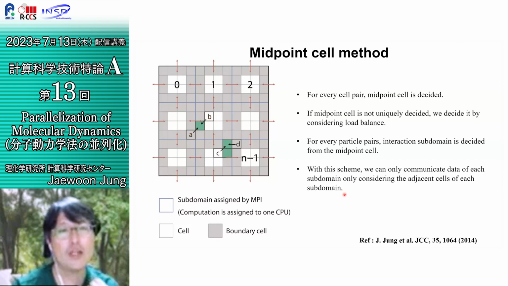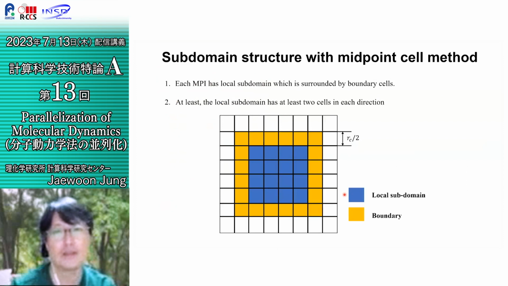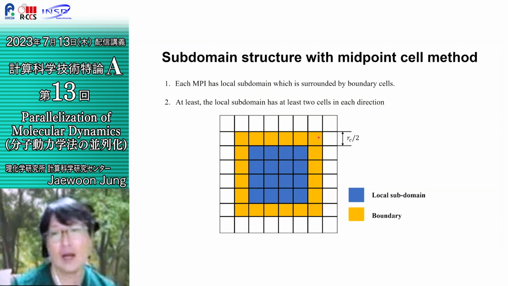So in this way, for every particle pair, we can efficiently evaluate the pairwise interactions. In this case, each particle has its own data, and from the neighboring domains they need communication. Then they can import the data of this orange color region.